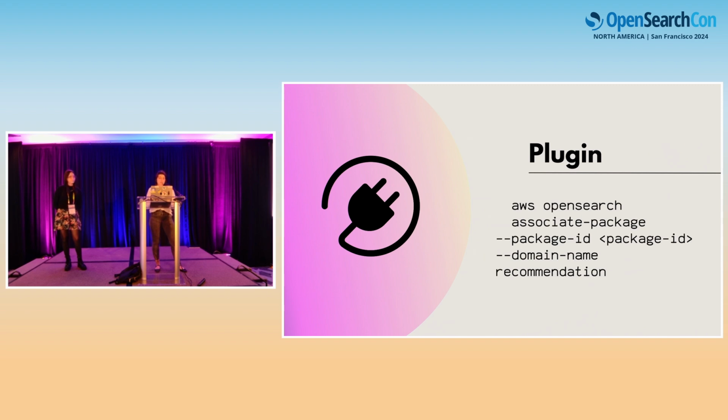That's why you need to use this API call to associate your package with the domain. Specifying the package ID is also quite important, because different versions of OpenSearch have different compatibility with different package IDs. So for this, you need to find the correct package ID and associate it with your domain. After that, you're ready to use this plugin.